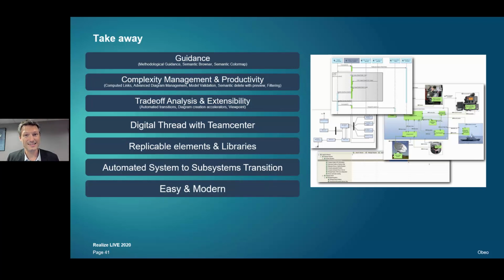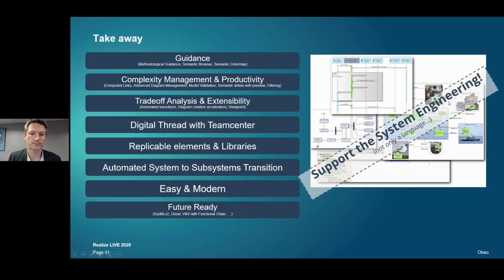It's very easy to ramp up, it's modern, and it's future ready. For example, we are working on SysML v2, we are working on cloud support and other specific domains, for exciting new versions in the future.